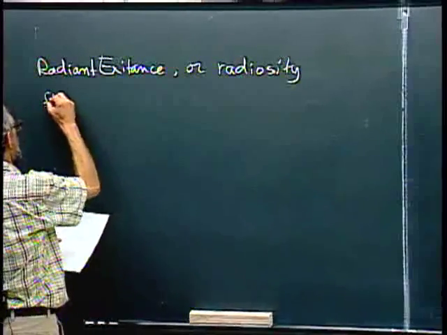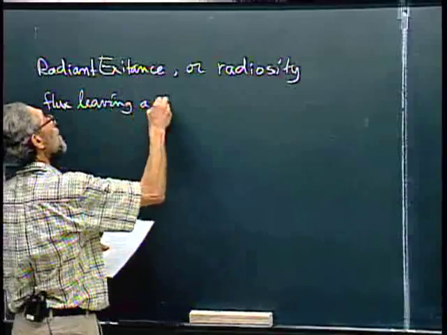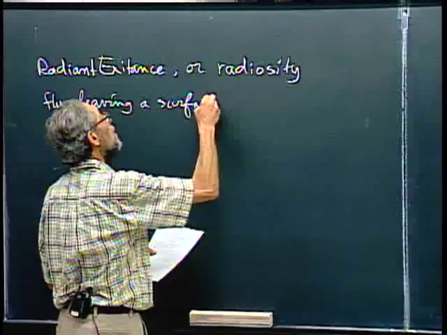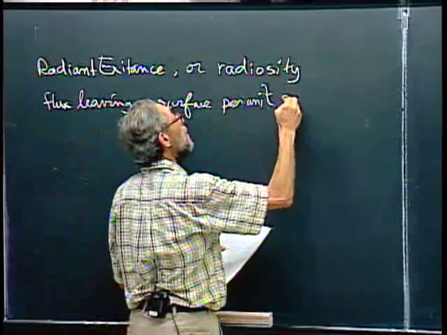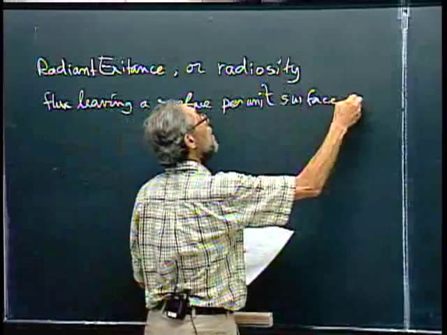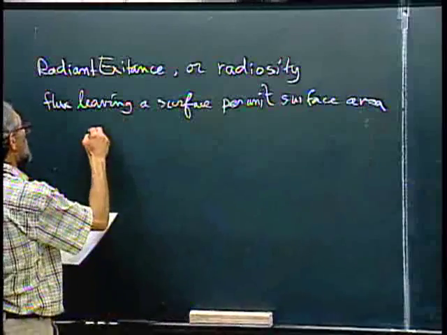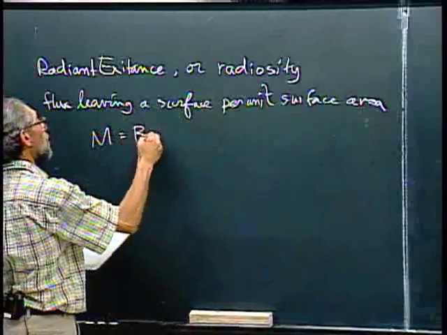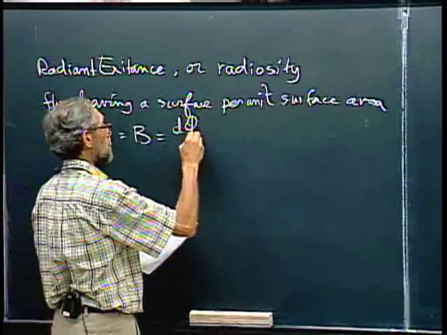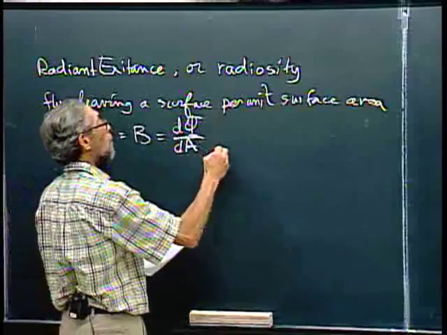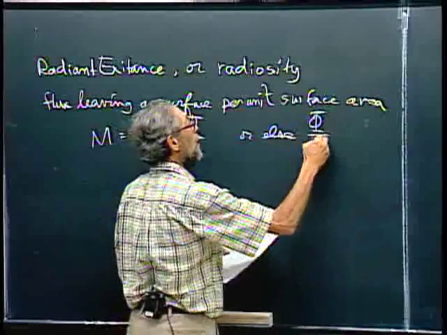Is the flux leaving, again, per unit surface area. So it's the same thing. The book sometimes calls it M. I'm used to calling it B. And it's again the flux per unit area, or else a finite flux per finite area.